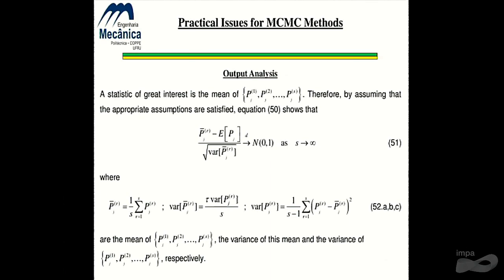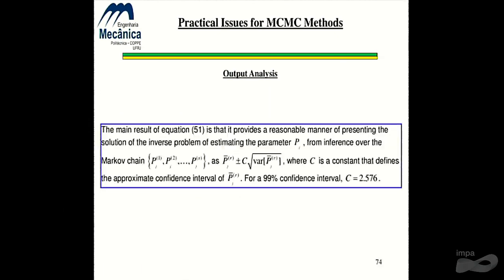You have the variance of your posterior distribution, which is represented by the variance of the samples generated with the Metropolis-Hastings algorithm for your Markov chain. But you can also represent the mean value that you get from all those samples with its associated uncertainty. Like for a 99% confidence interval, C here is 2.576. And these are different ways of representing your statistics.